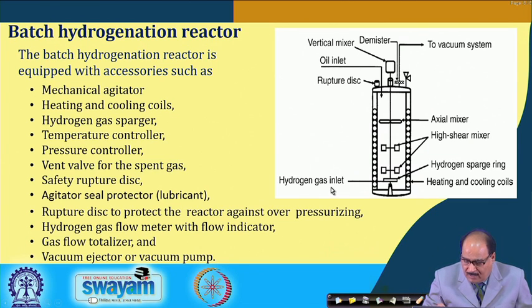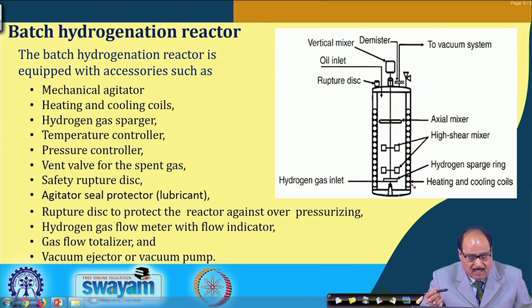You can see here the hydrogen gas inlet, temperature controller, pressure controllers, vent valve for the spent gases, safety rupture disc or agitator seal protector, a rupture disc to protect the reactor against over pressurizing, a hydrogen gas flow meter with flow indicator, gas flow totalizer, and vacuum ejector or vacuum pump.